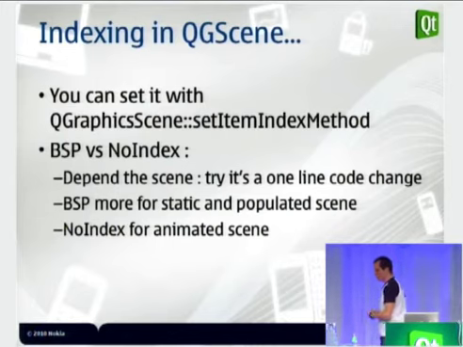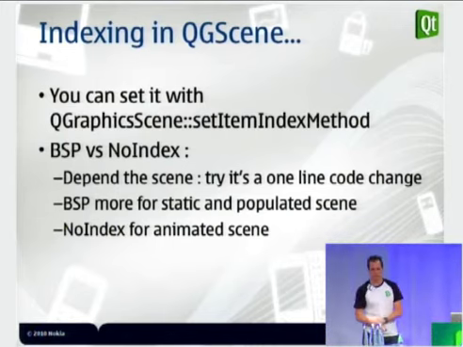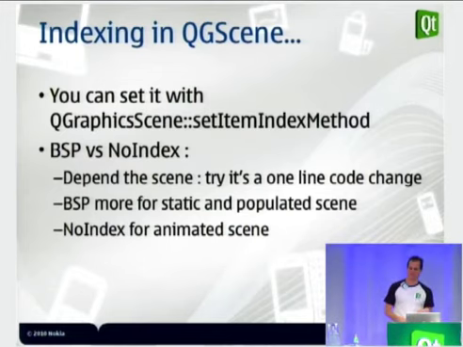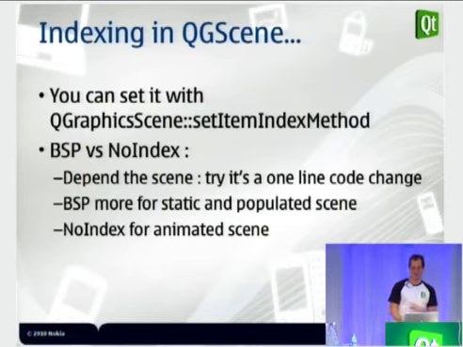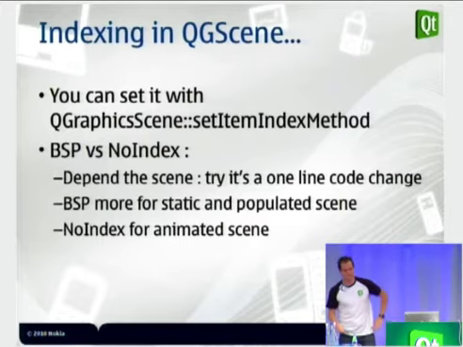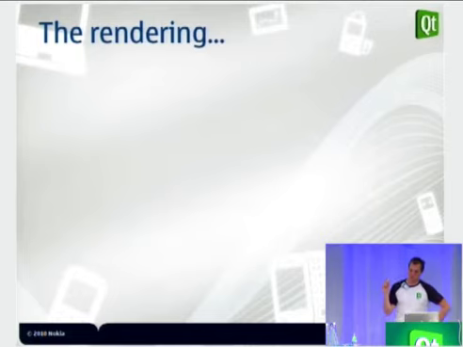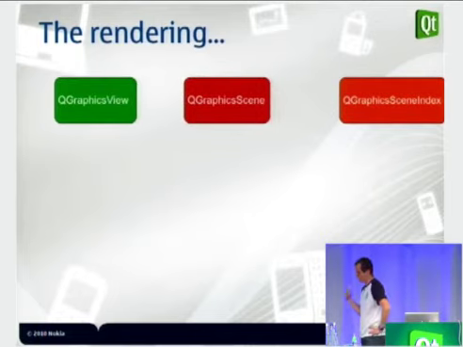Okay, now let's move on a bit, talking about how the rendering works in graphics scene. It's hard to explain, so I'll try to do my best to show it on slides. So first, we get our suspects: graphics view, graphics scene, and the index.